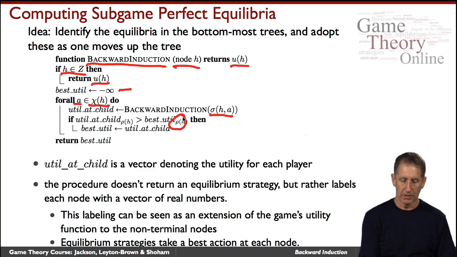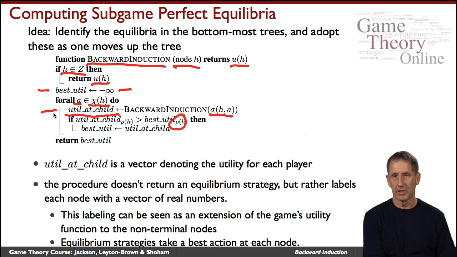And we'll recursively look at the vector associated with that child, and we will keep it in this variable called utilAtChild. So we have two vectors, notice, bestUtil and utilAtChild. bestUtil is the best we found so far, best for a particular agent, and utilAtChild is what we found at a particular child.